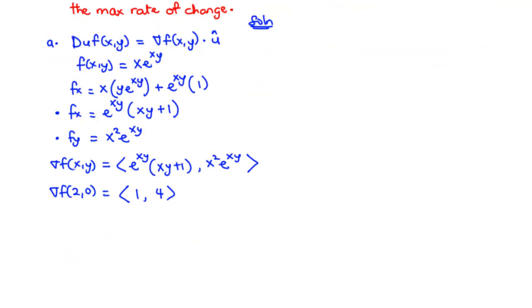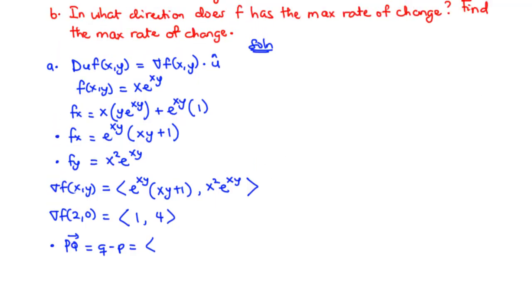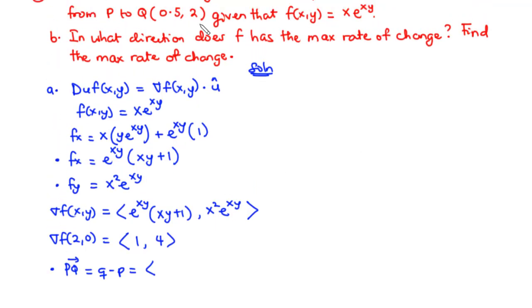So we have the direction vector PQ, and that is equal to Q minus P, and thus we have the point Q to be (0.5, 2).